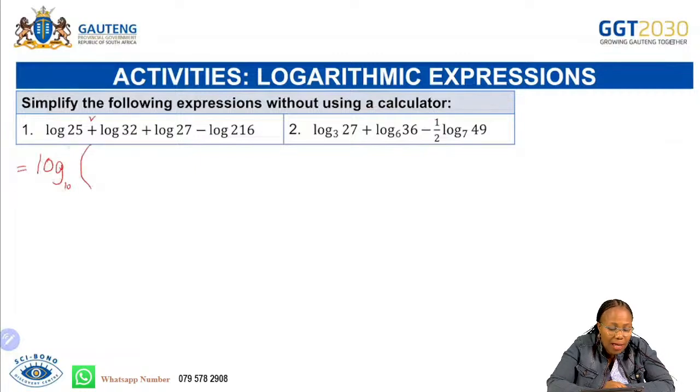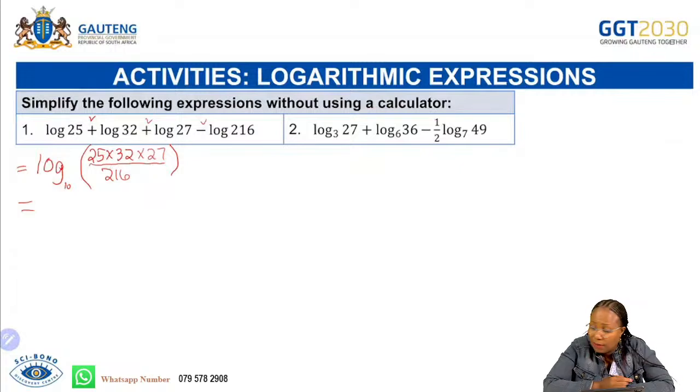If it is plus, it's a multiplication, then it will be 25 times 32. It's a plus, it's a multiplication, 27. It's a minus, then it's a division, 216. And then check now, when you multiply this and divide by 216, it must give you a log of 100.